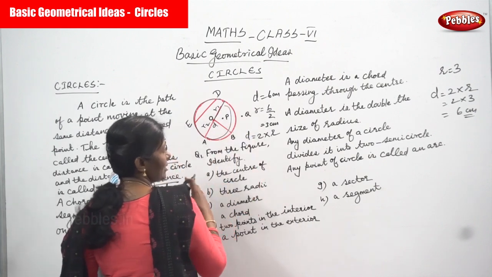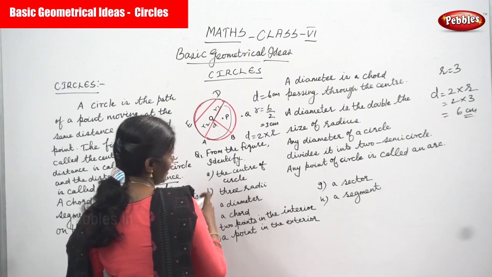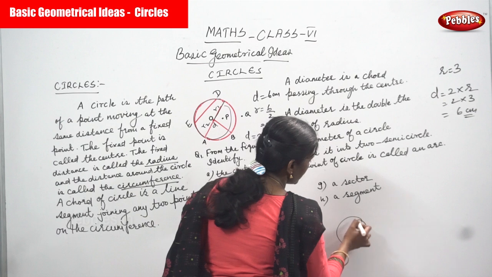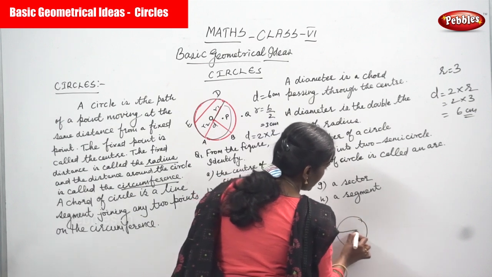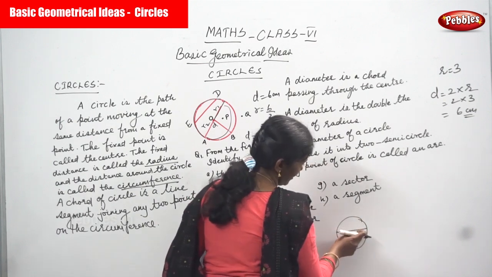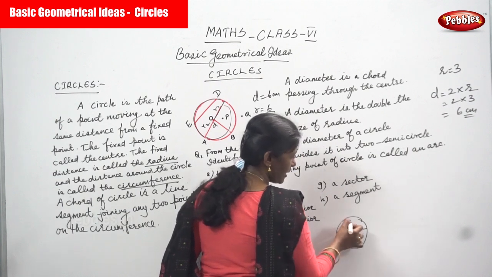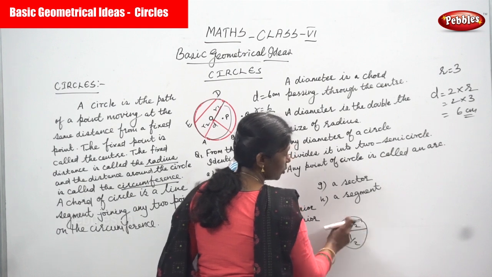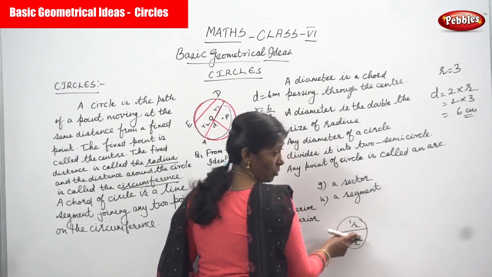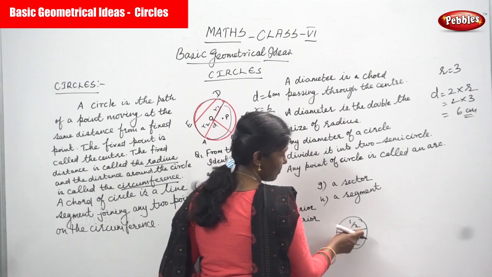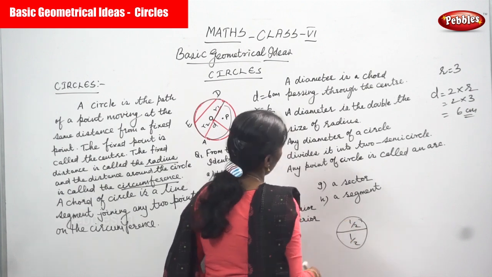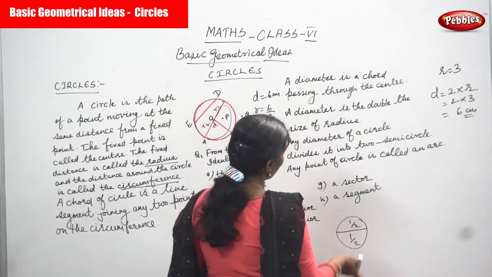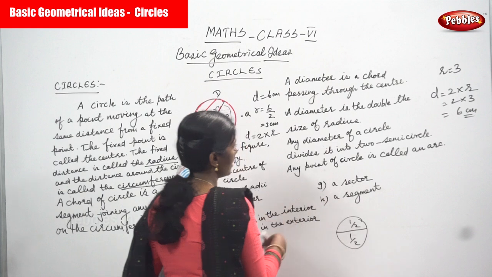So the diameter of a circle divides it into 2 semicircles. The entire circle is cut into 2 half semicircles because this diameter is passing through the center. Another name for the diameter is a chord.